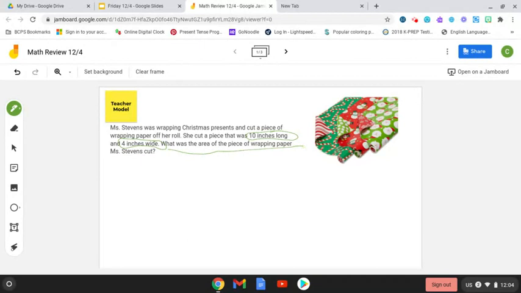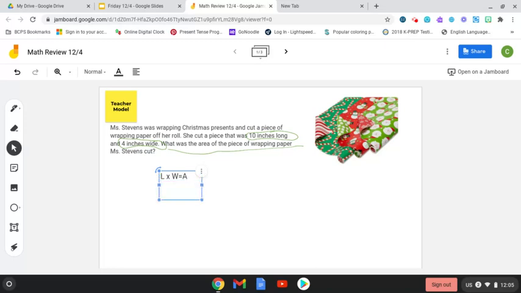So since I know they want me to find the area, I got to think about how do I find the area, okay? When I think about area, I think about multiplying the length times the width. And we have talked about that and practiced that many, many times. So for area, I do length times width, and that will give me the area, okay?